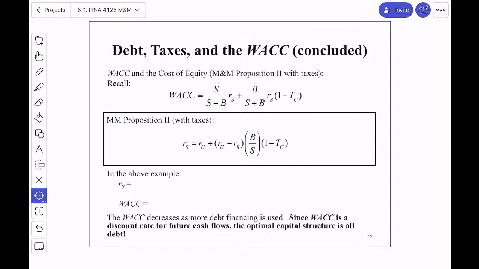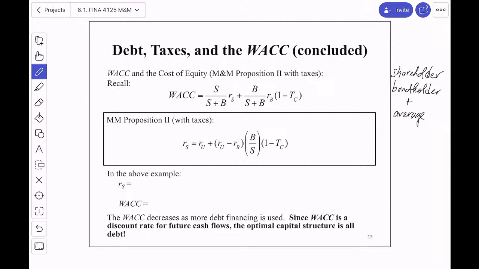So let's compute the return to shareholders in the levered firm and the average investor. So we have 3 parties to consider. We have to think about the shareholder, bondholder, and the average investor.